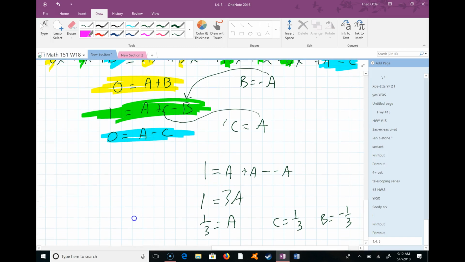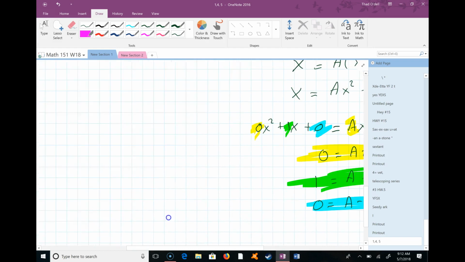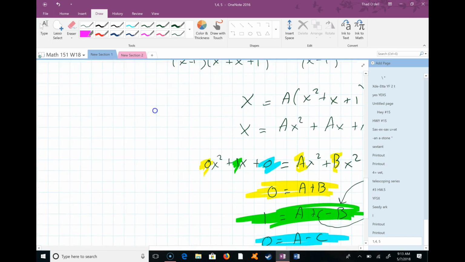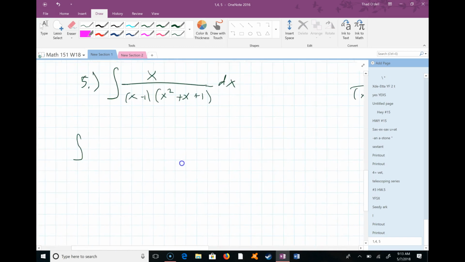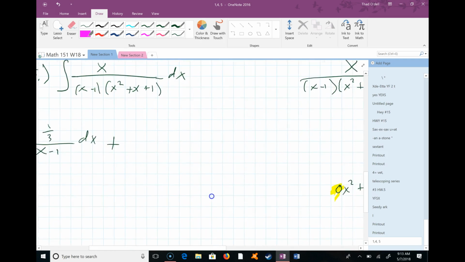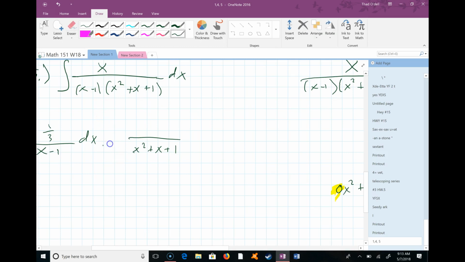Now we're ready to go back and rewrite my integral. So my integral is going to be, the first one was a, which was 1/3. So that's going to be 1/3 over x minus 1 dx, right? The second one, I'll have this x squared plus x plus 1 on the bottom. And I think I'm going to take the 1/3 out front. I should have done that on the other one too, but just to get the fraction out of there, right?